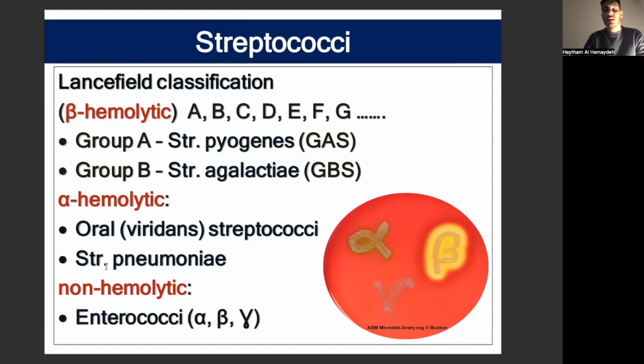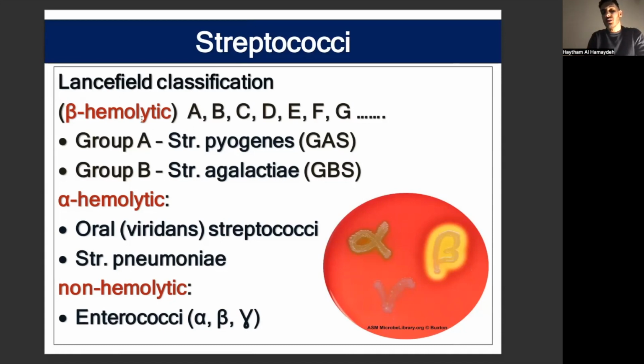The Streptococcus pyogenes is categorized as group A Streptococcus, and the agalactiae is categorized as group B Streptococcus. This is just a Lancefield classification of those two, where they have a specific carbohydrate on their membrane that puts them into these groups.